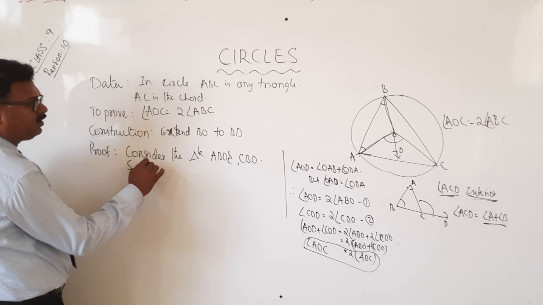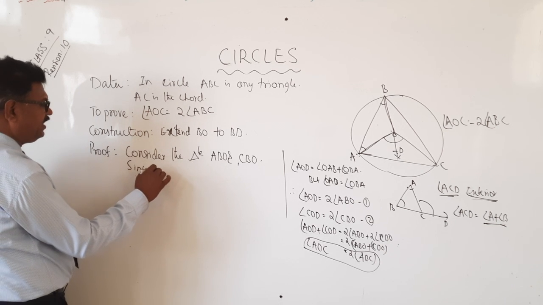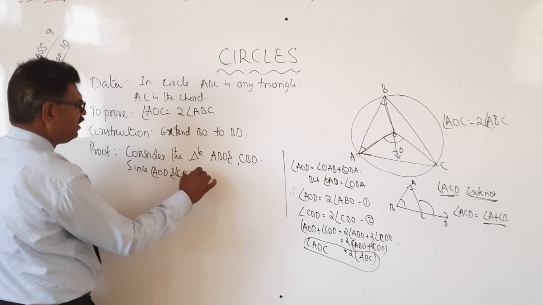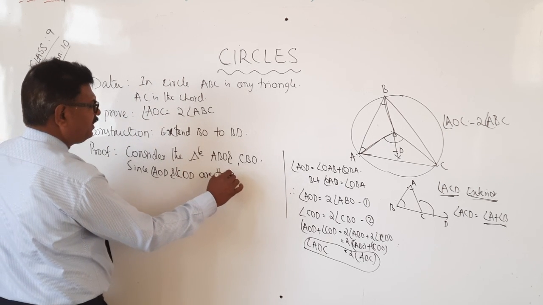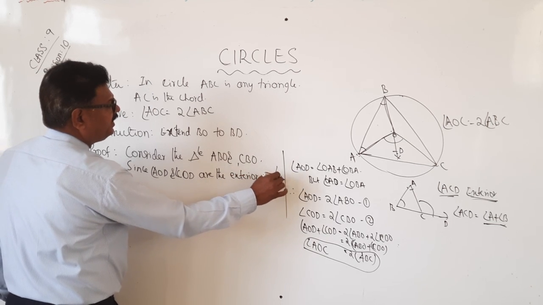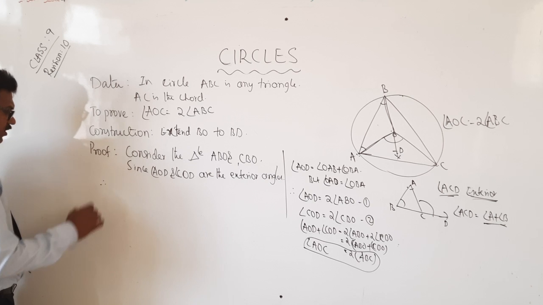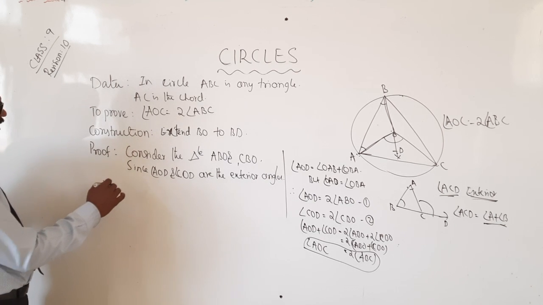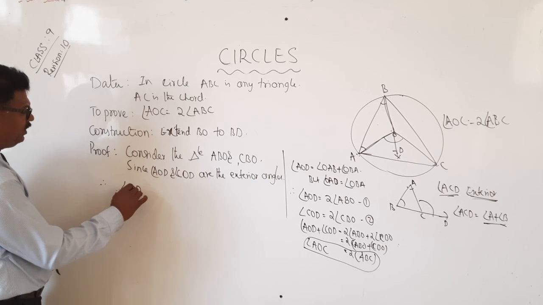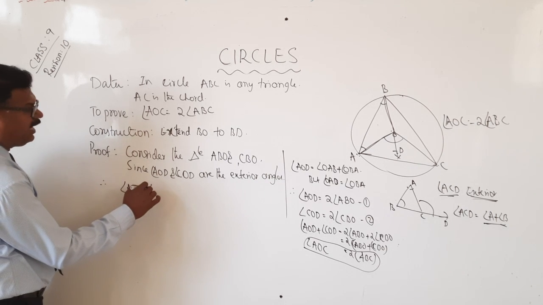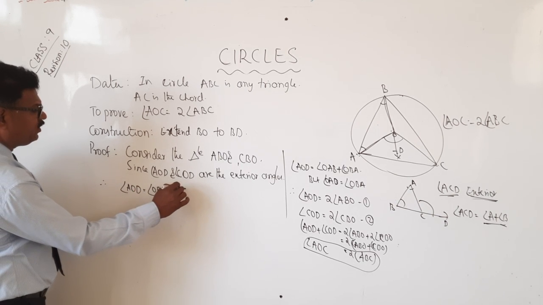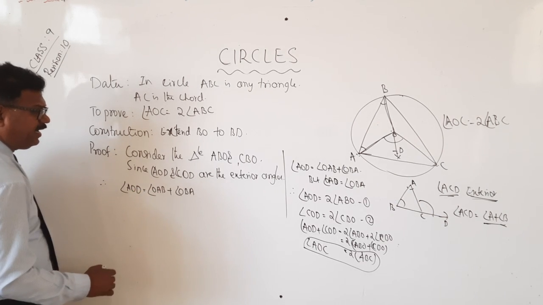Since AOD and COD are the exterior angles, therefore by the property, angle AOD is equals to angle OAB plus OBA.